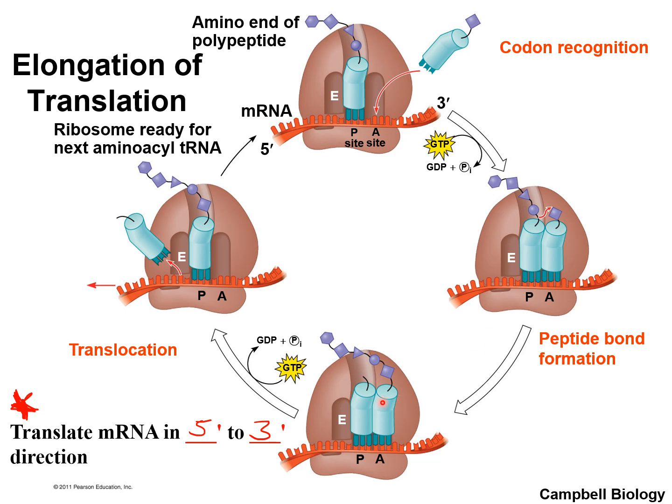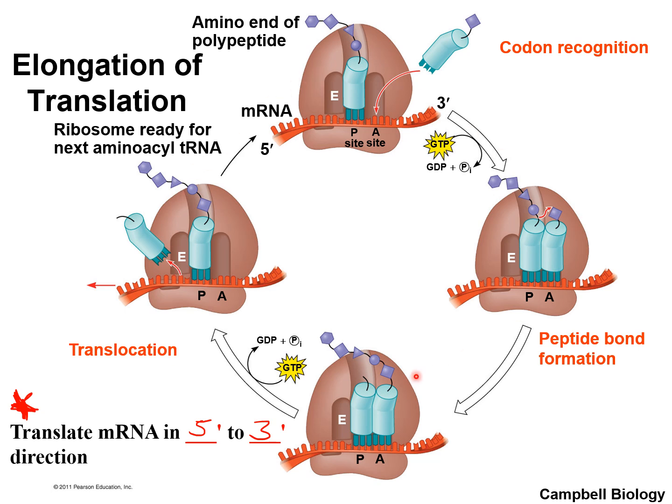Okay, and then we're going to have translocation, which just means that the ribosome is going to move down 1 codon on the messenger RNA. And now the A site is empty, and our transfer RNA holding the growing polypeptide chain is in the P site, and our E site, our exit site, is where the empty transfer RNA is going to exit the ribosome.